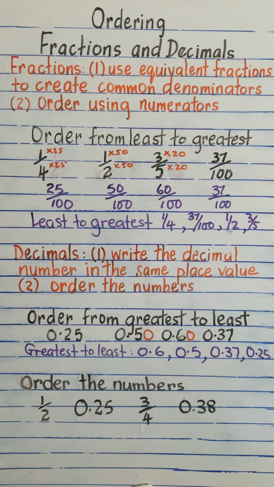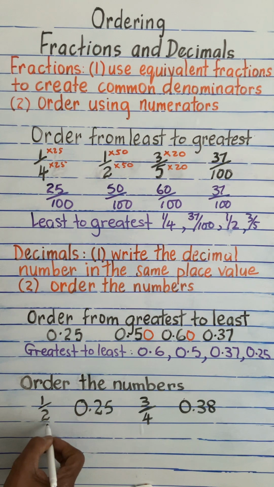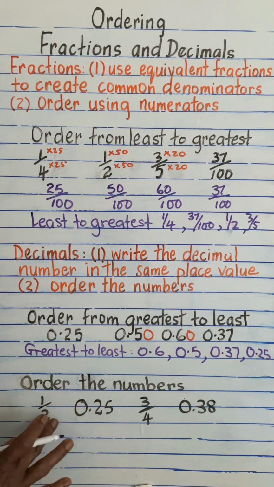So let's convert them to fractions. A half: we already have a half, so we write that just the way it is.